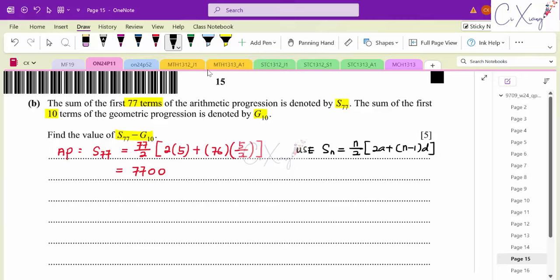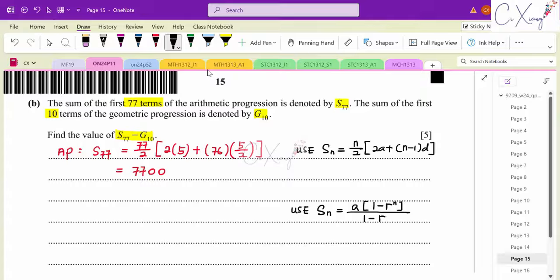Then for the sum of the first n terms in a geometric progression, you should have a, then either 1 minus r power n or r power n minus 1. Both can, no problem at all. So I'm using 1 minus r power n, then divided by 1 minus r.